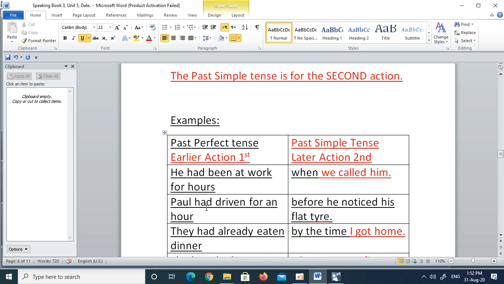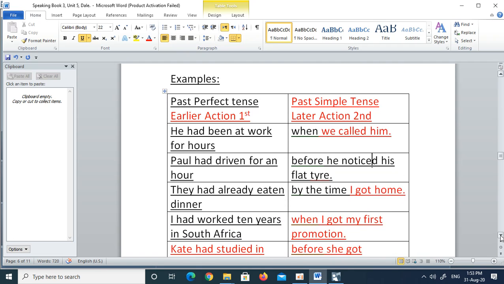Paul had driven for an hour, that is the first action, before he noticed his flat tire. That is the second action. Notice the first action, had and had. The second action does not have a had, it just is the past simple tense. Called is the past simple tense. Noticed is the past simple tense.